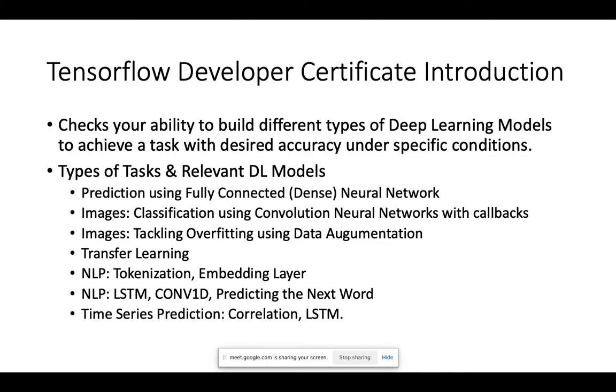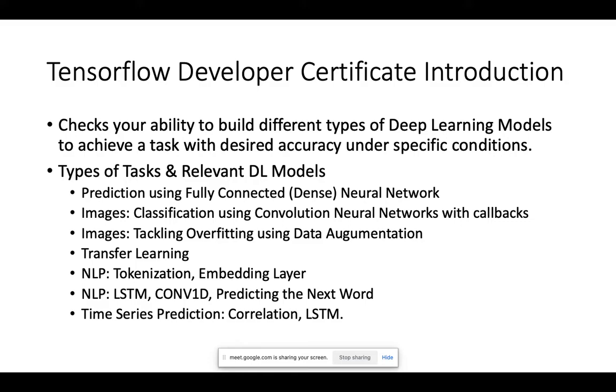So I have listed out what tasks we would like to achieve, and what different types of deep learning models we are interested in. In deep learning there are various types of models. We have a simple feed forward neural network, we have a convolutional neural network, we have a recurrent neural network. Within the recurrent neural network you have LSTMs and GRUs, gated recurrent units.